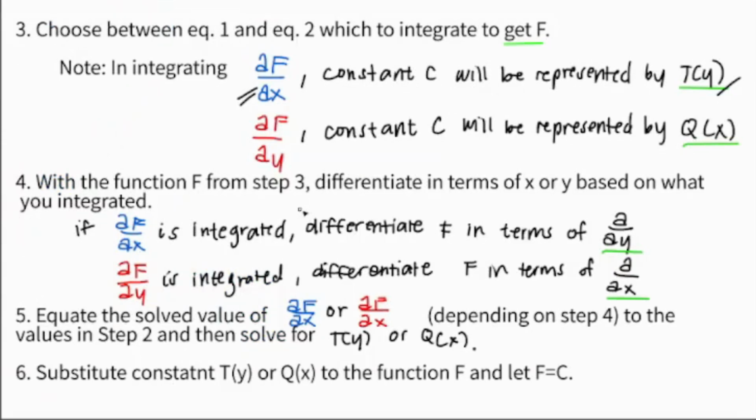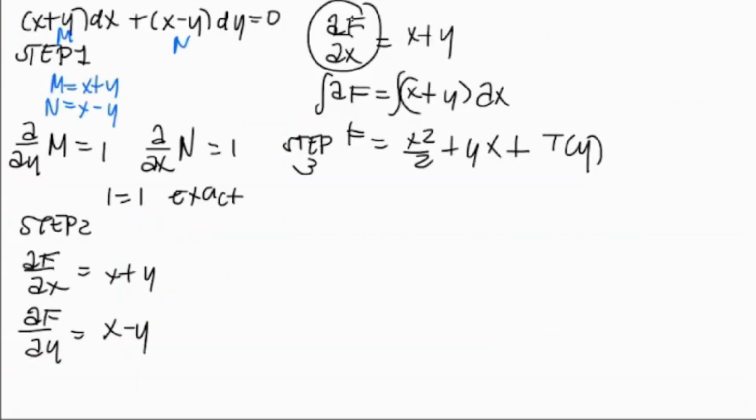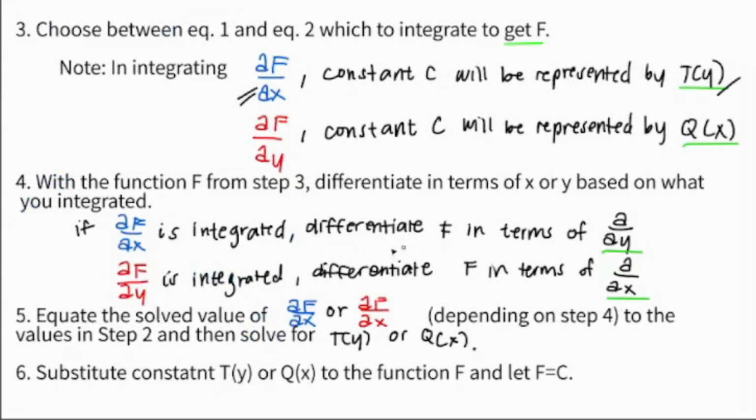Next step is with the function f from step 3, differentiate in terms of x or y based on what you integrated. So, since ang in-integrate natin is df over dx, differentiate f in terms of d over dy.